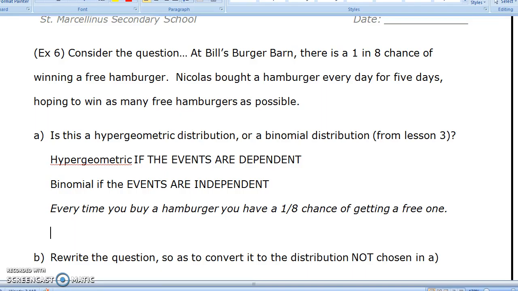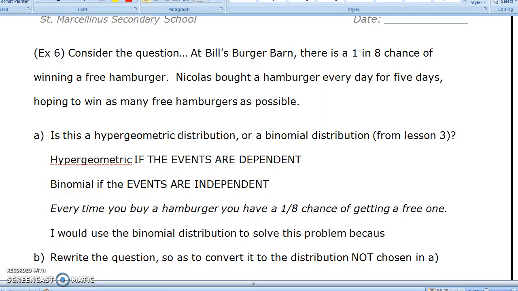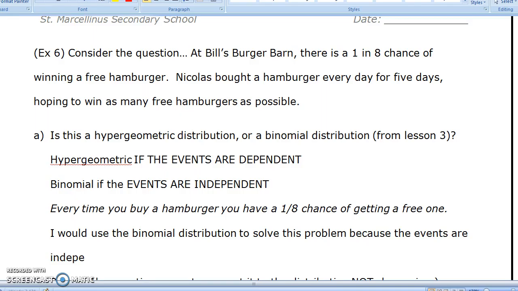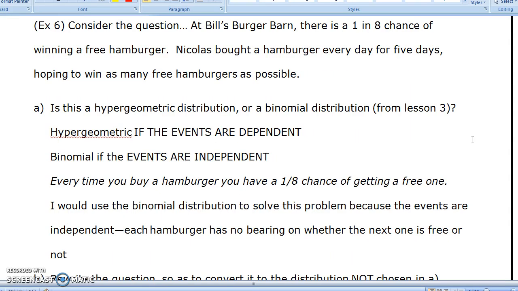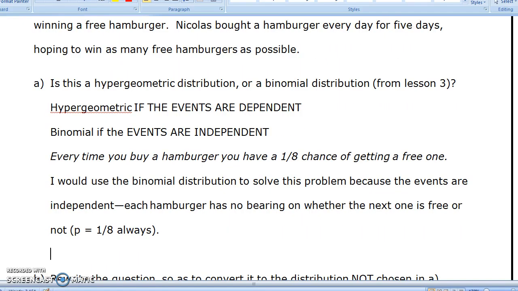This leads me to believe I would use the binomial distribution to solve this problem because the events are independent. Each hamburger has no bearing on whether the next one is free or not. P equals 1/8 always. If we were going to solve this question, he buys 5 hamburgers, so n is 5.